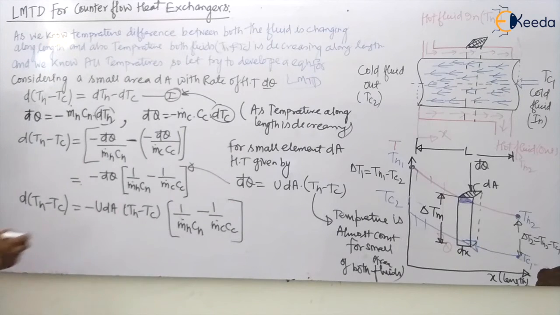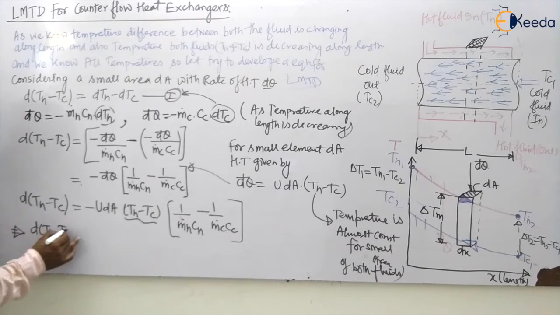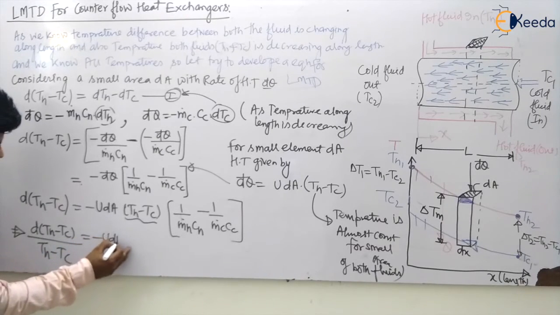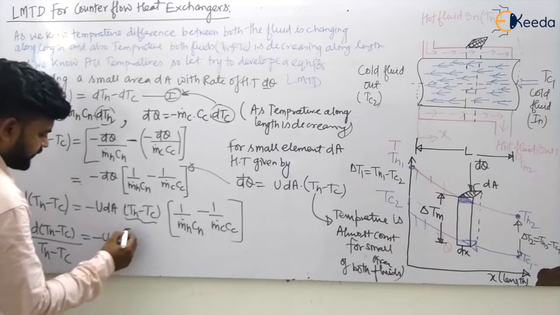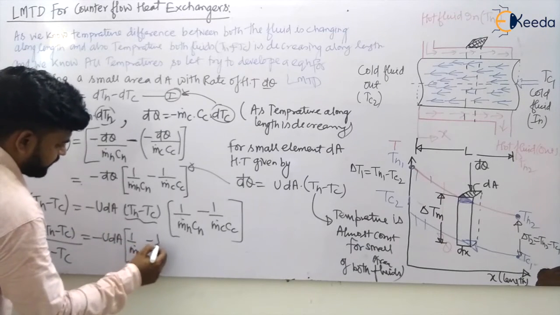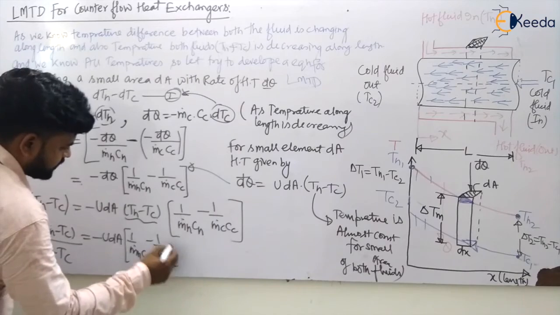So now let us see. I am taking this part to this side, so this will become d of Th minus Tc divided by Th minus Tc is equal to negative of U dA multiplied by 1 upon m dot h Ch minus 1 upon m dot c Cc.